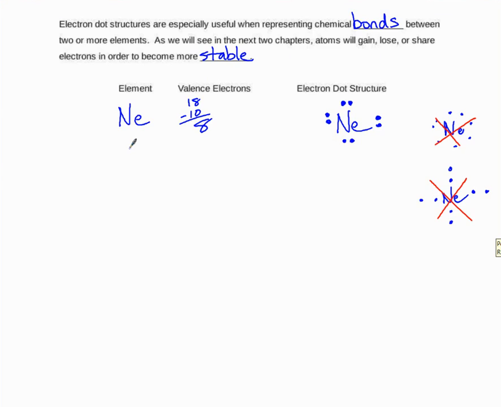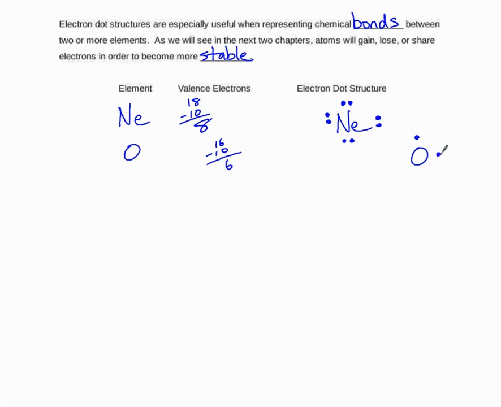Then my next element, let's look at oxygen. Oxygen belongs to group 16. To find its valence electrons, we subtract 10. It tells me that oxygen should have 6 valence electrons. So I start with the atomic symbol, and this represents the nucleus and all of the inner electrons.